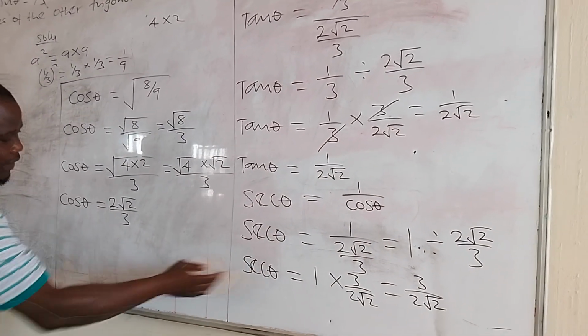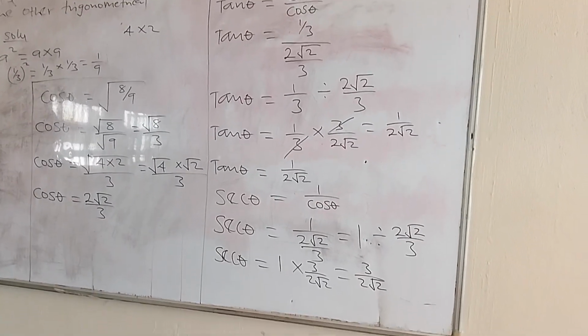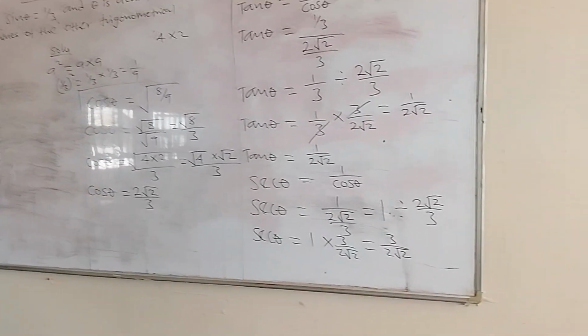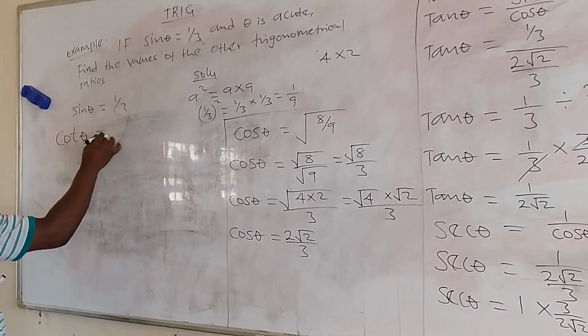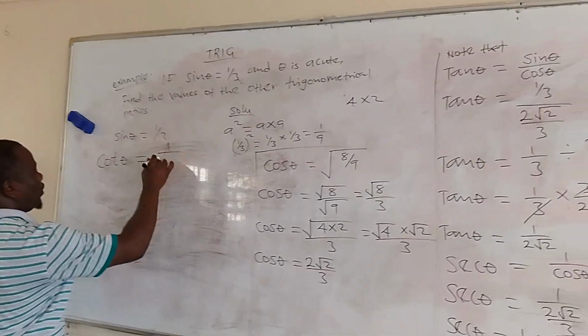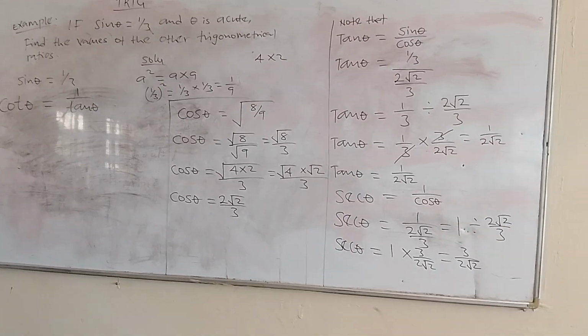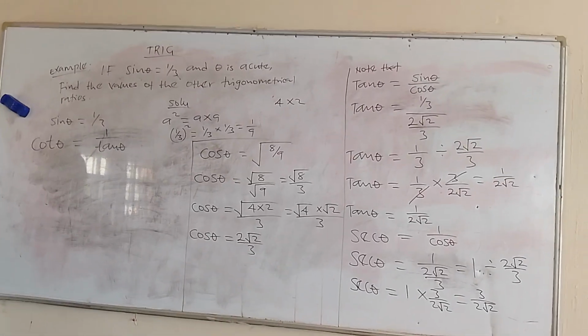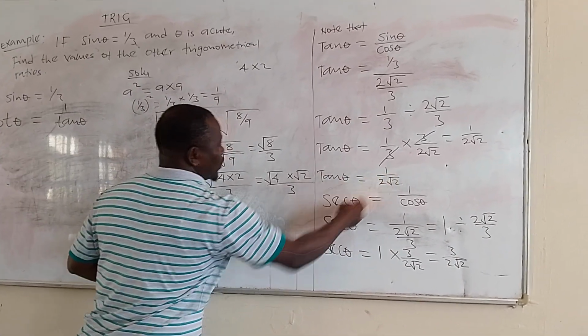So we've gotten sec theta. Then we are also going to look for cot theta. Note that cot theta is equal to 1 all over tan theta. Is that clear? So 1 all over tan theta, you know your tan as what? 1 all over 2 root 2.